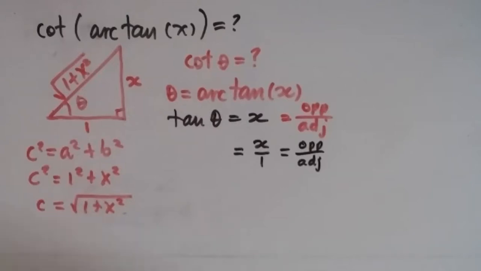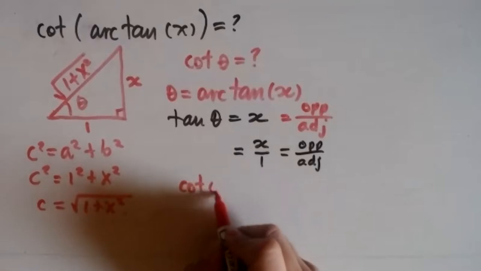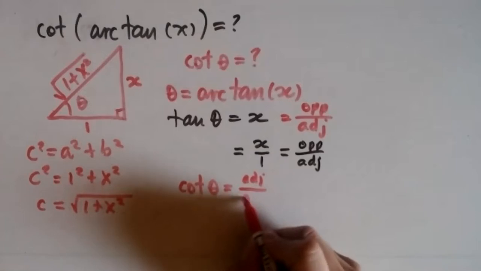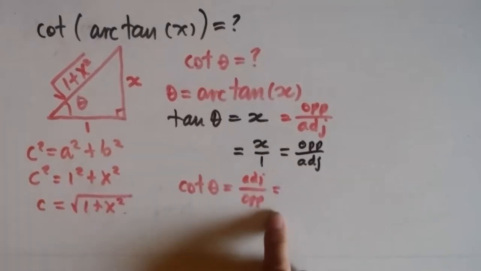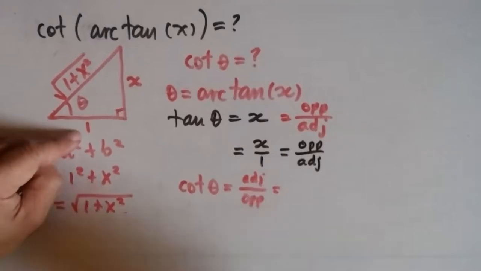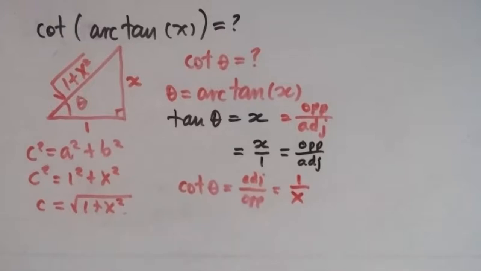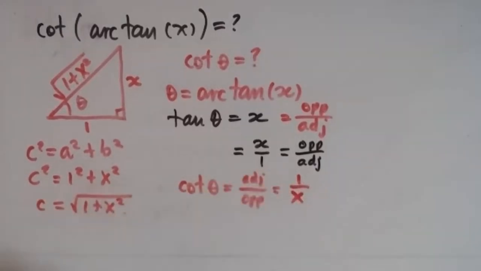Okay, now I'm going to solve my problem. Cotangent of the angle. The cotangent is the adjacent over the opposite, correct? In this case, it's going to be very simple. What is the adjacent? The adjacent is 1. So I'm going to put here a 1. What is the opposite? x. So the cotangent of the angle is 1 over x.